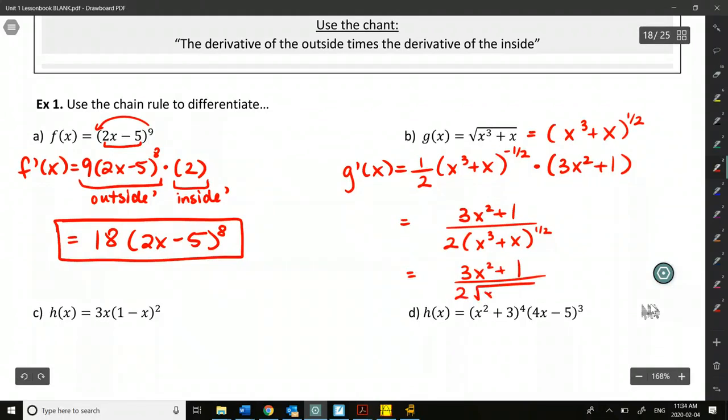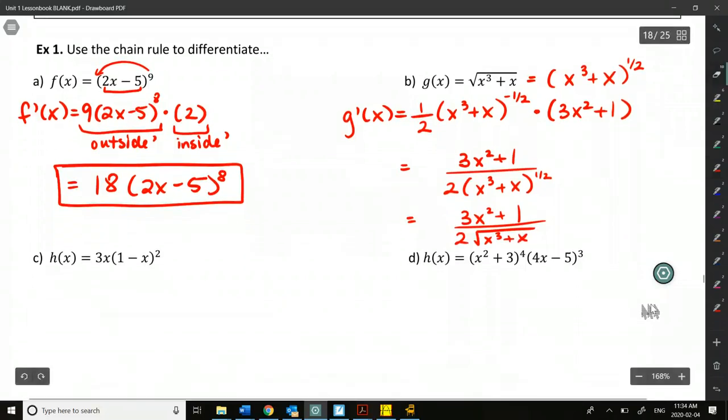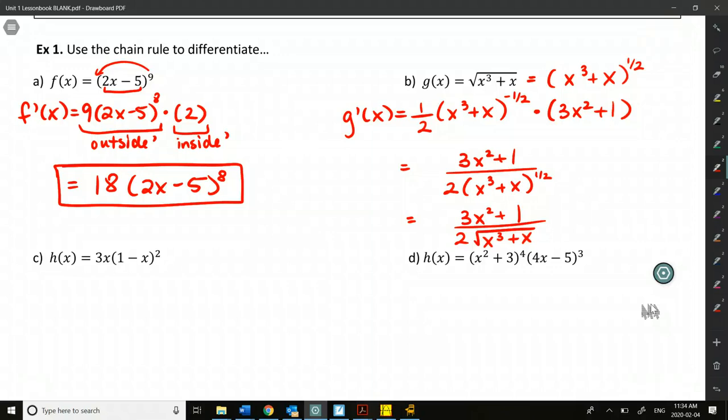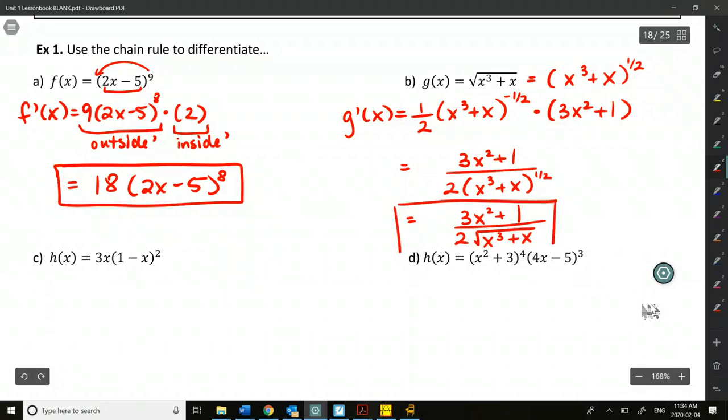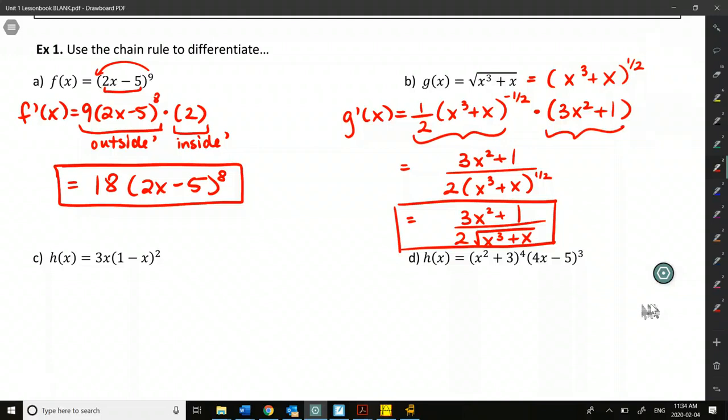So it's 2 root x cubed plus x. Again, this is derivative of the outside times derivative of the inside. Any questions so far?